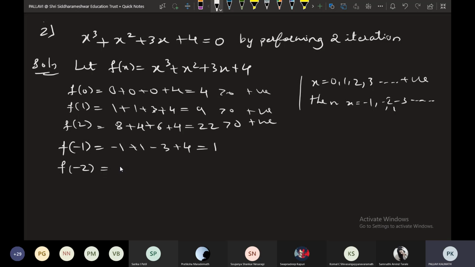Minus 2 cube is minus 8. Minus 2 square is 4. Minus 2 into 3 is minus 6, plus 4. 4 and 4 is 8, minus 8 goes, and what is the answer? Is it minus 6? Yes, ma'am. Minus 6 is less than 0. So tell me now where your root will lie.